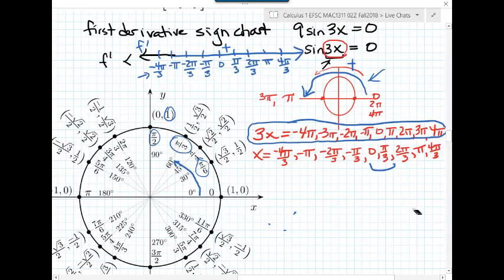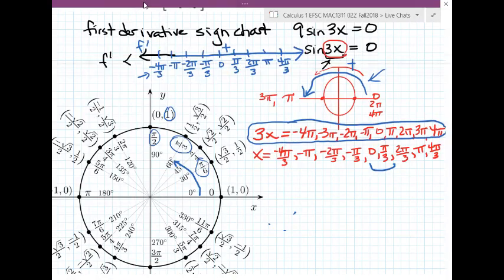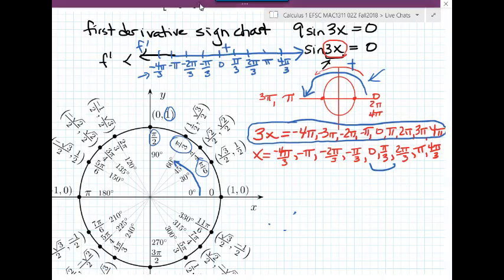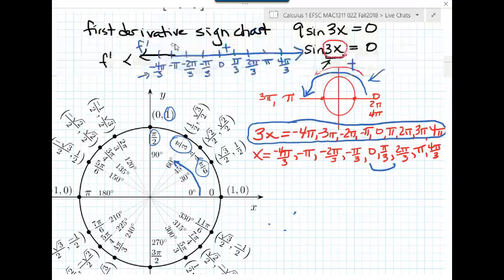Okay, the longer version of that, the alternative, would be on that same interval, instead of looking at the values of 3x, to actually plug in some kind of value between 0 and pi over 3, like pi over 6, for example.